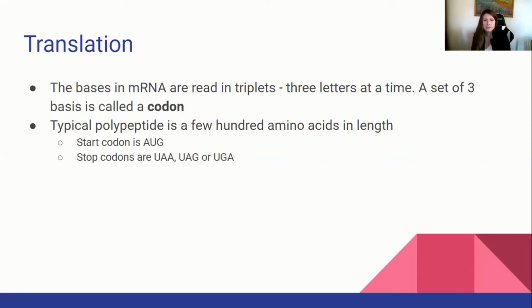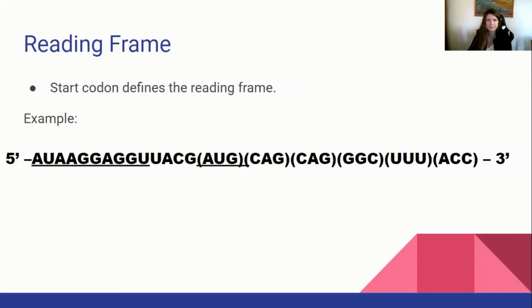Okay, so when we start to make our polypeptide, the first thing we're going to do is look for our start codon, which is going to be AUG. We're going to stop making our polypeptide when we hit a stop codon, which are UAA, UAG, and UGA. We're actually going to look at a table of all the codons, which is what you're going to use in order to build these polypeptides.